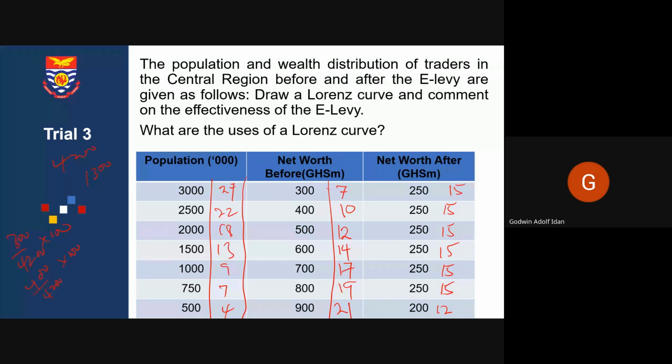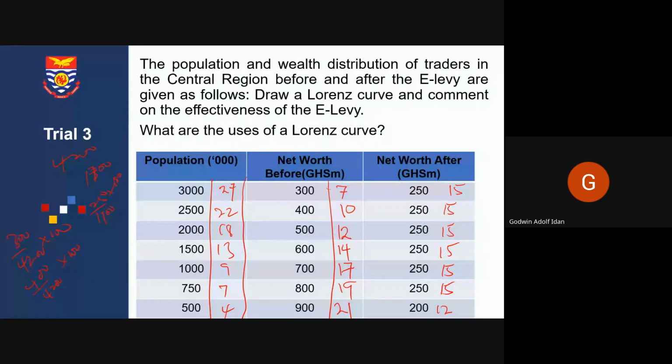So something is wrong somewhere. Let's cross check again. The total is 1700. So 250 over 1700 times 100.